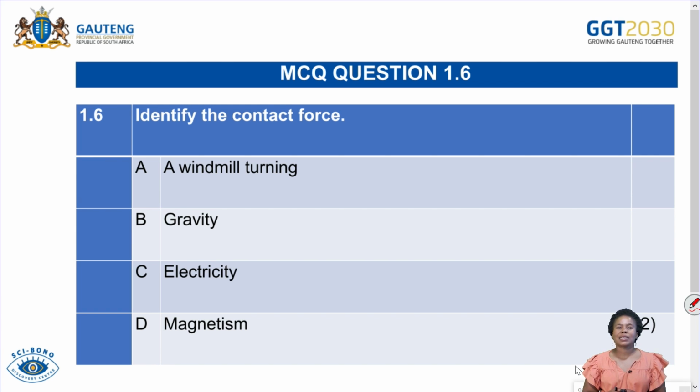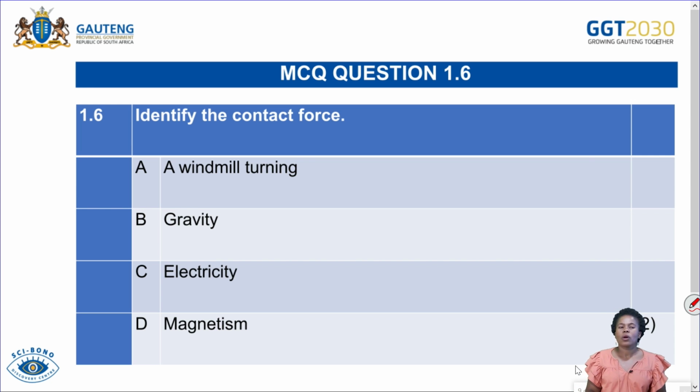Question 1.6, identify a contact force. Again, you need to know what a contact force is, and remind yourself which ones are non-contact forces, because these are kinds, and within the kinds we've got the types. But before we get into the types, what is a contact? When we come into contact with somebody, we have physical contact with each other.